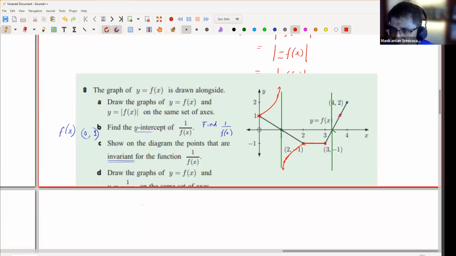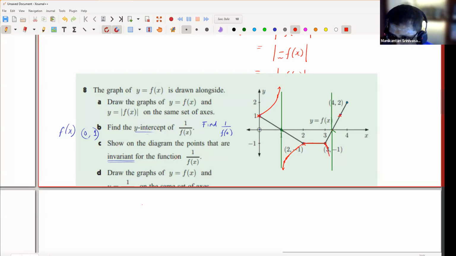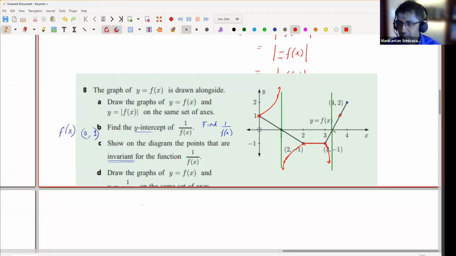And then between 3 and, let's say this point is 3.3, gradually in magnitude it's decreasing, which means the reciprocal in magnitude will keep increasing and head towards negative infinity, because it's the reciprocal of a negative number. And then at 3.3, it's not defined.